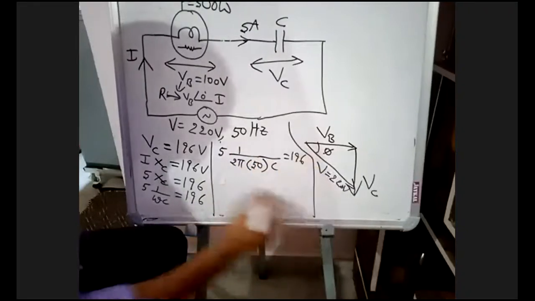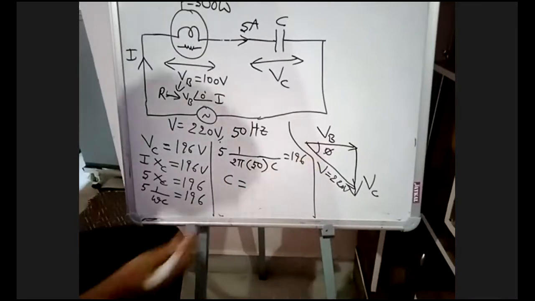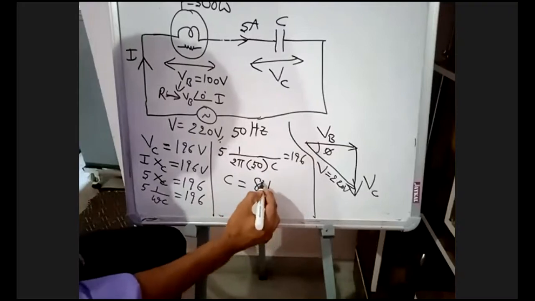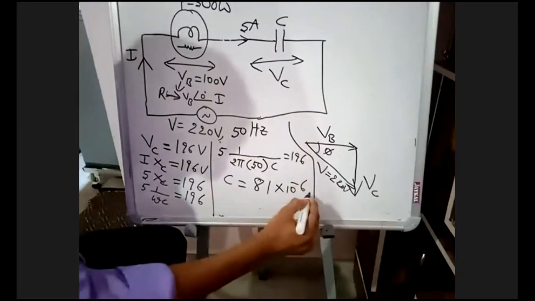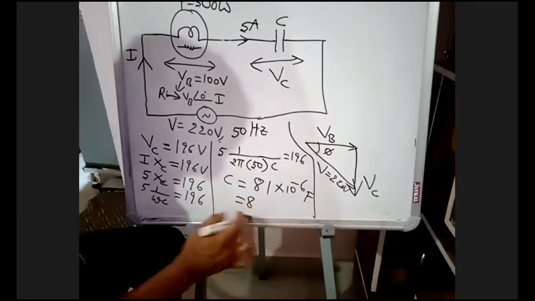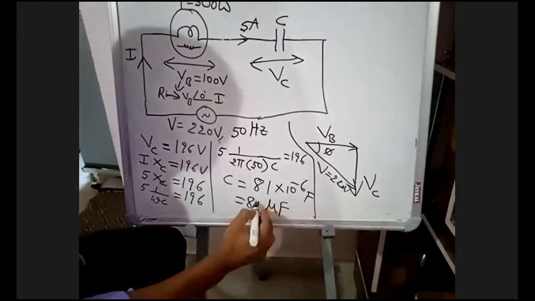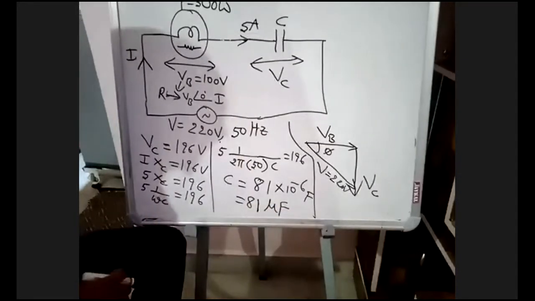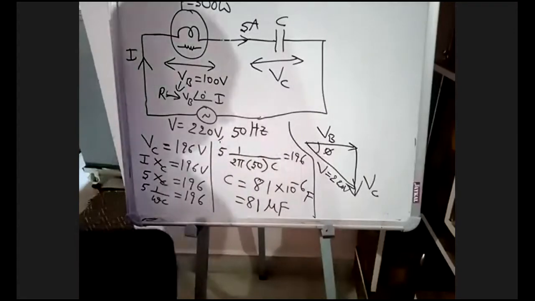Tell me the value of C. You will get this value, capacitance. C is 81 microfarads.